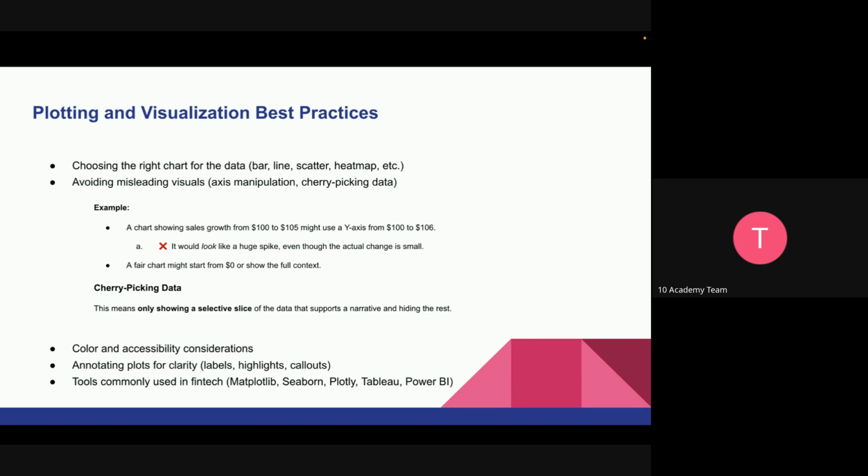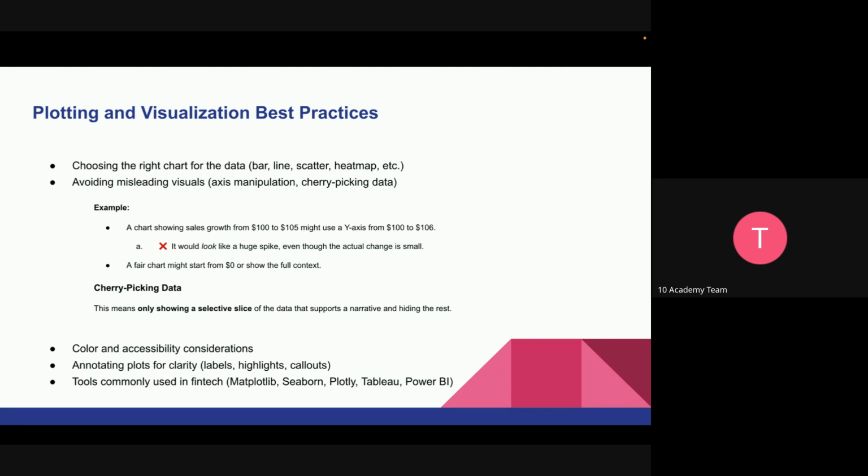You need to be really careful and focused on what you present in your visualization, not to mislead. You might think this is just $1, but depending on the use case and the situation, it can really create a huge spike and a misinterpretation between what you are trying to say and what they are understanding.